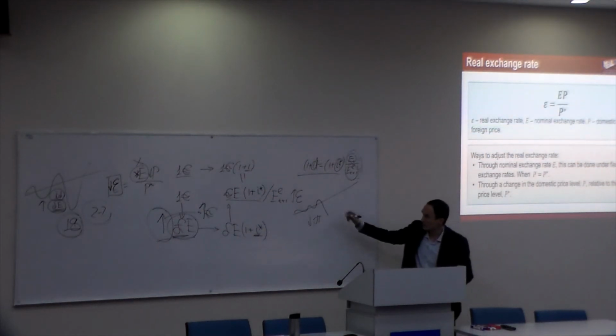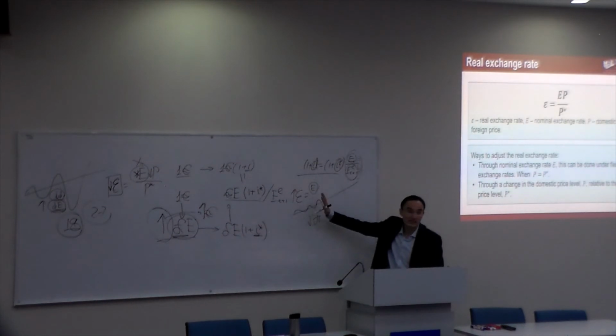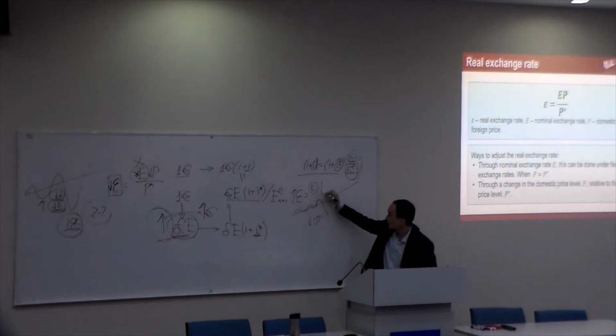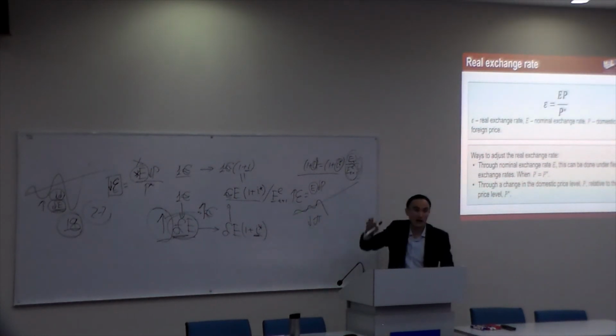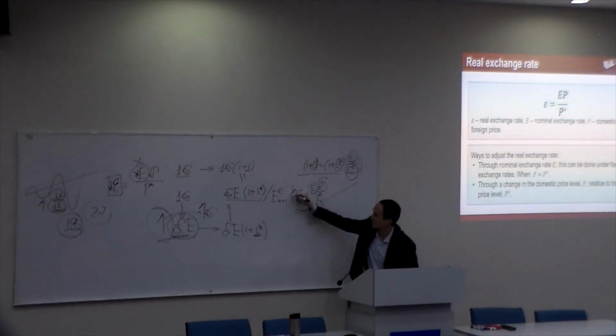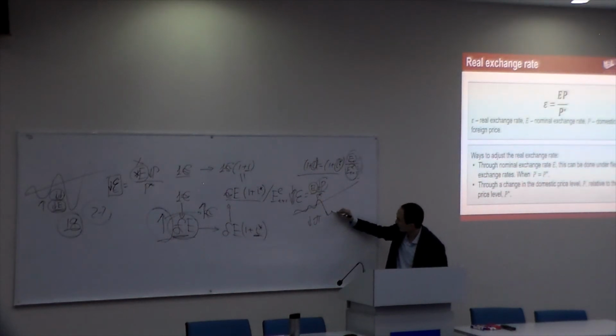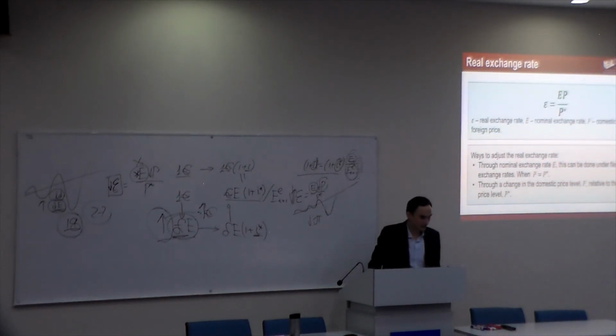Which means that even though the nominal exchange rate is not effective at all, the prices will go down naturally by themselves. As a result, the real exchange rate will go down, and recovery will start again.